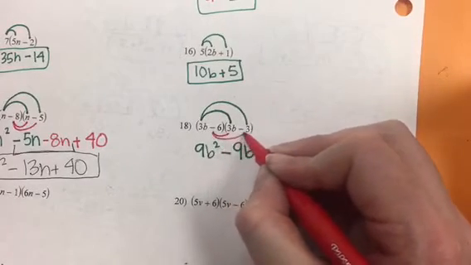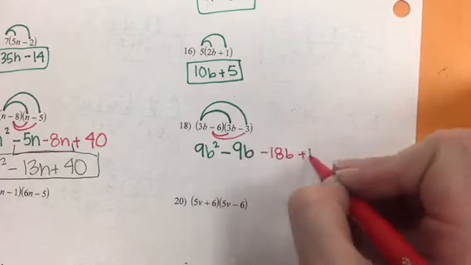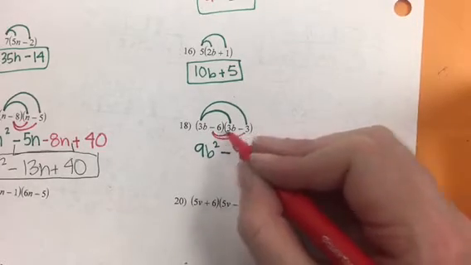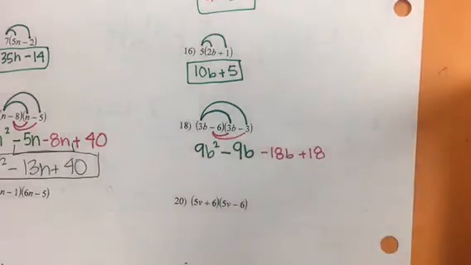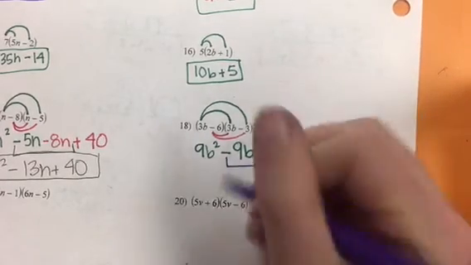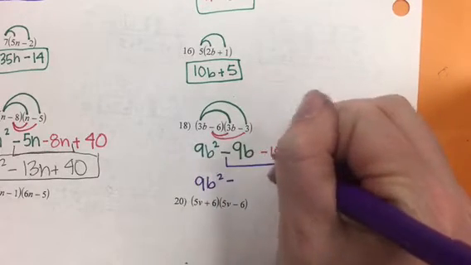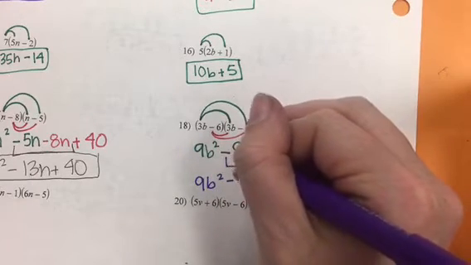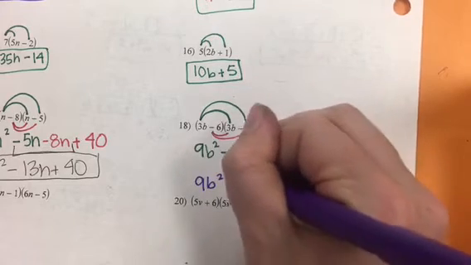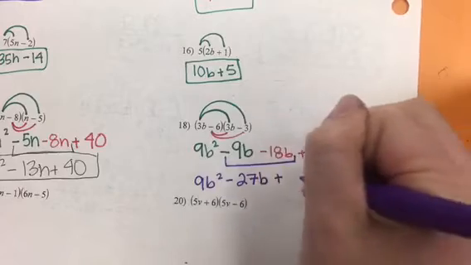Negative 6 times a negative is a positive. 6 times 3 is 18. And there's no b's on those last two. Combine like terms, we get 9b squared minus 27b plus 18.